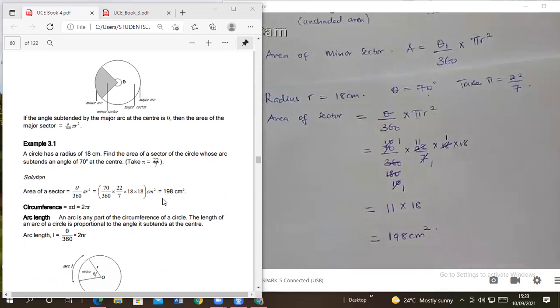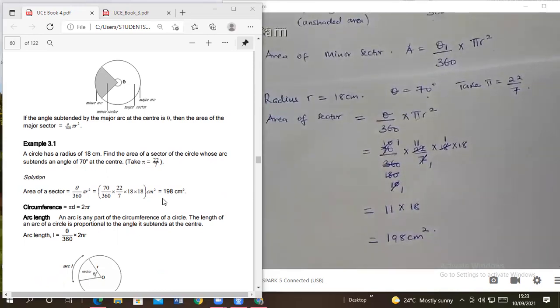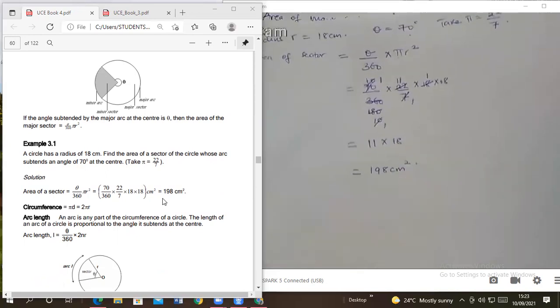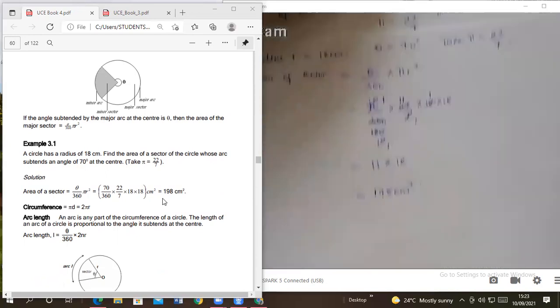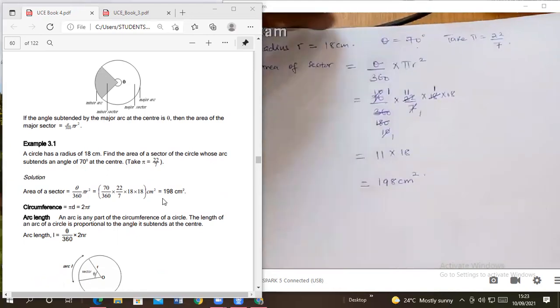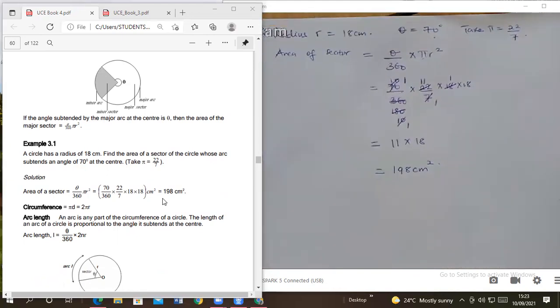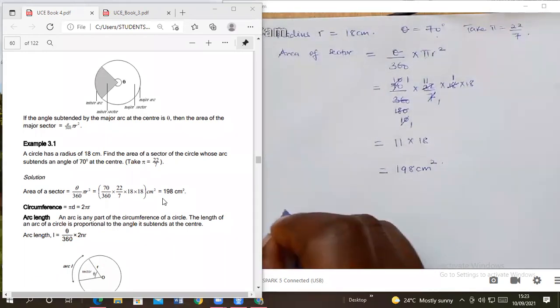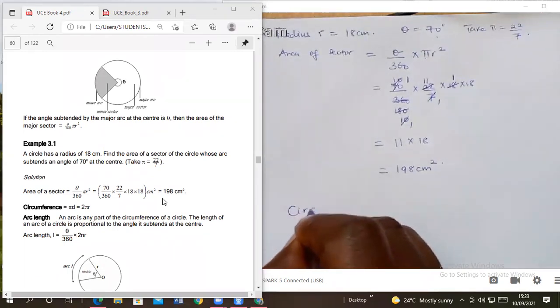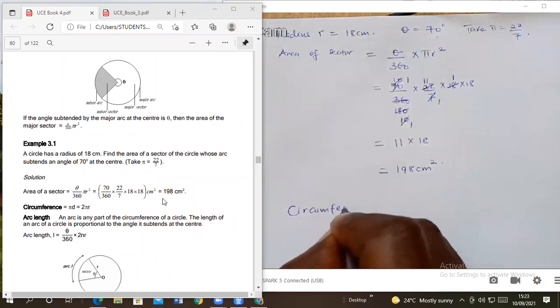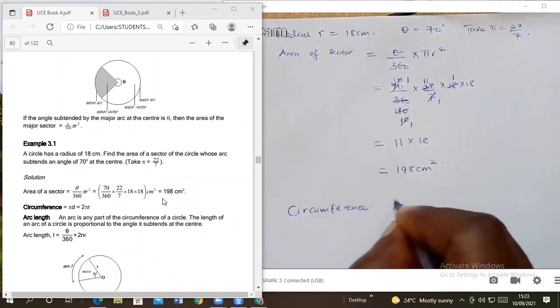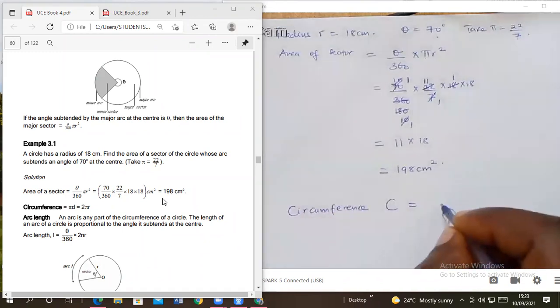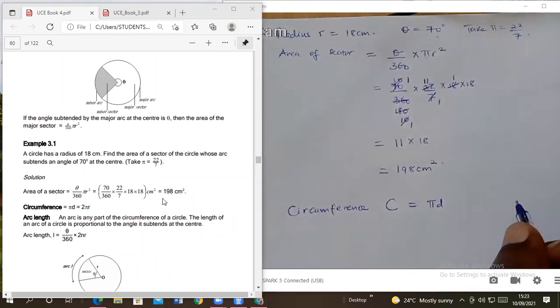And then the other thing that is part of the circle that you should know is what we call the circumference. Circumference is just the distance around the circle, or the perimeter around the circle. So circumference C is equal to pi d, pi times the diameter.